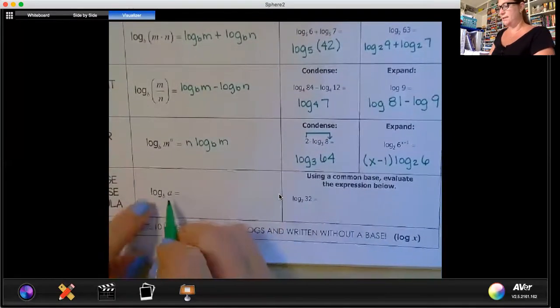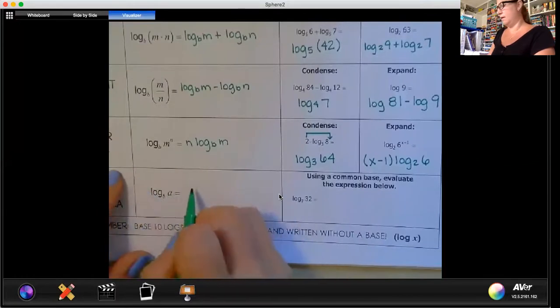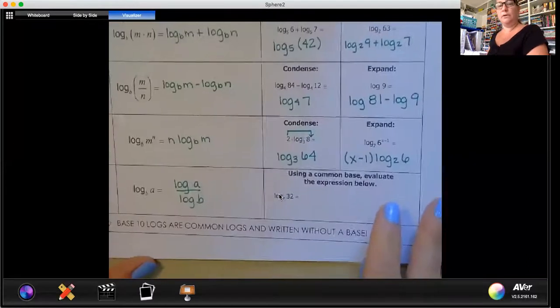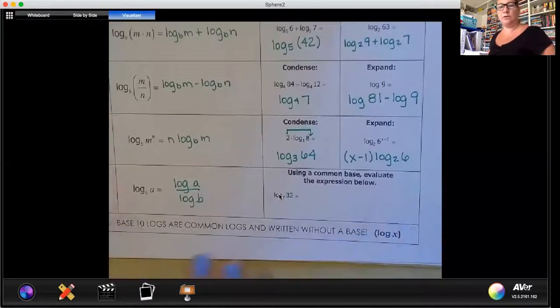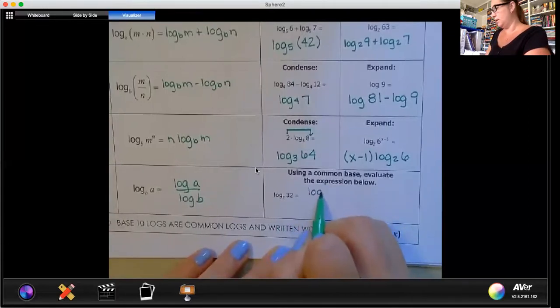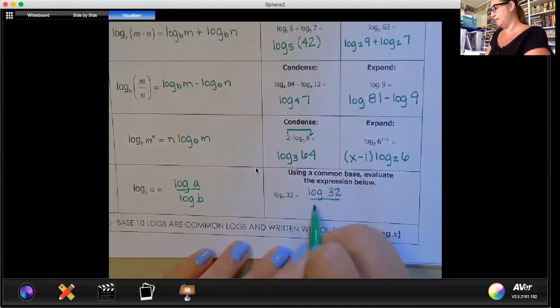The change of base says the log of A divided by the log of B. The reason you would use a common base is to convert to a base 10 format. This has a log base 7. So to convert to a log base 10, which is a common logarithm, you would do log 32 divided by log 7.